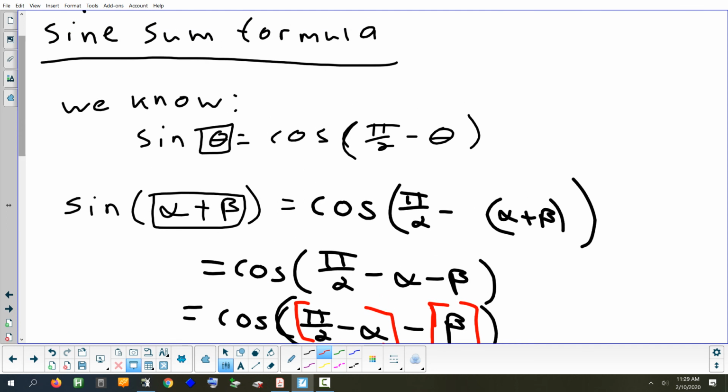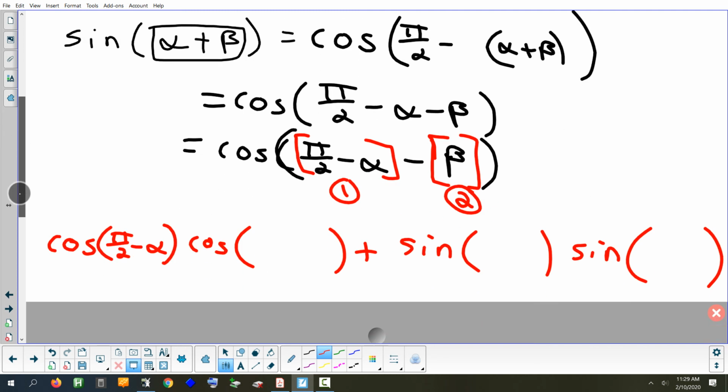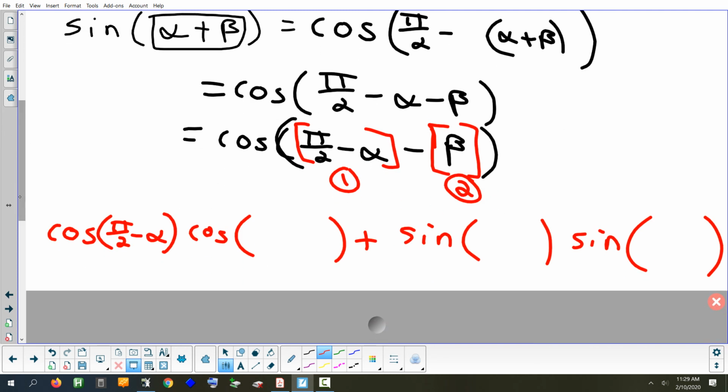The cosine of pi over 2 minus something is equal to something, so we can simplify that in a second. What's going to go in my second one? Beta. What's going to go in the third set of parentheses? Yep. Now, I didn't quite talk about that one, but I think you'll be able to figure out what that is in a second. And what about the fourth set? Beta.